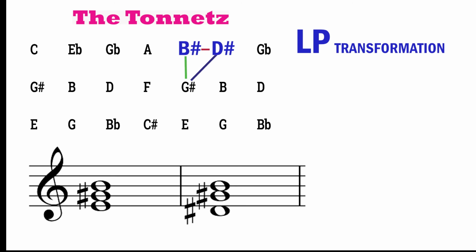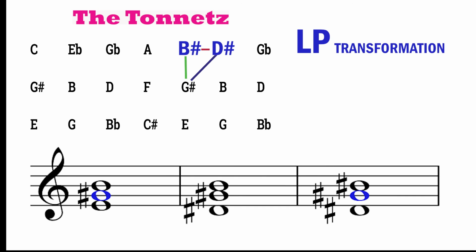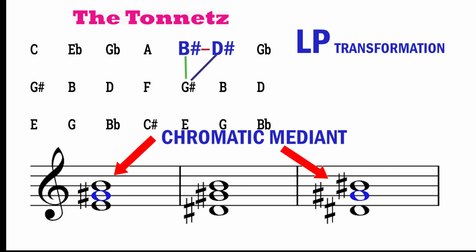If we reinterpret the C as a B sharp, we can see that we've created a G sharp major triad. This is the result of an L combined with a P transformation. Note that there is only one note in common. Incidentally, the LP transformation gives you a chord that is a chromatic mediant in relationship to the original chord. E major to G sharp major are chromatic mediants.